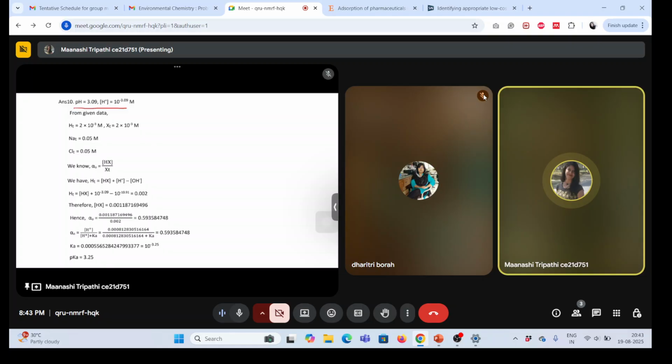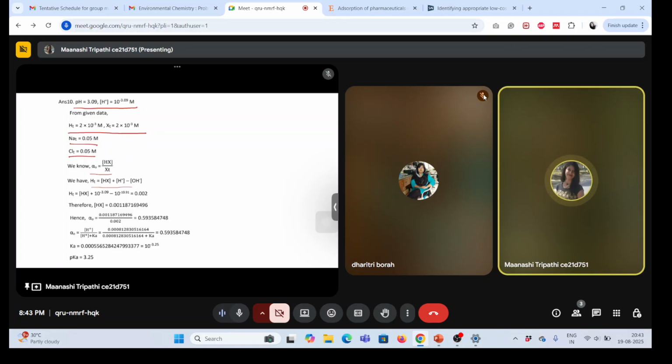pH is given and H plus we know from the pH. HT is 2 into 10 raised to power minus 3 molar because that was the given HX concentration. So XT also we know. NaT we know and ClT also we know because it was kept in NaCl solution. Alpha naught is HX upon XT. HT we know is HX plus H plus minus OH.